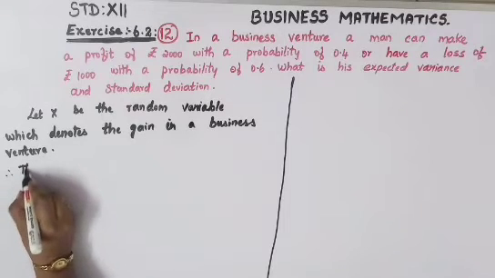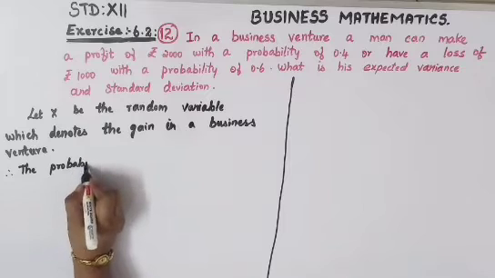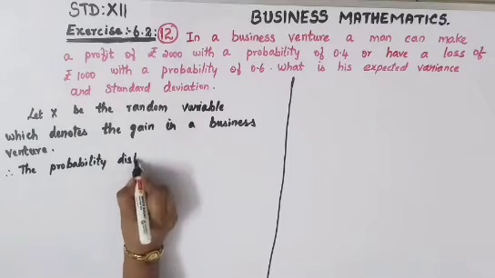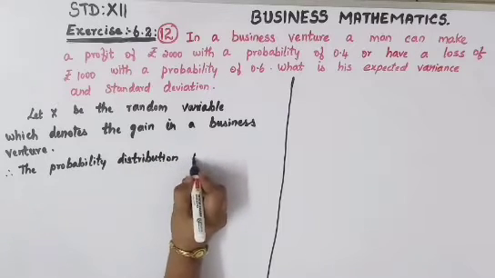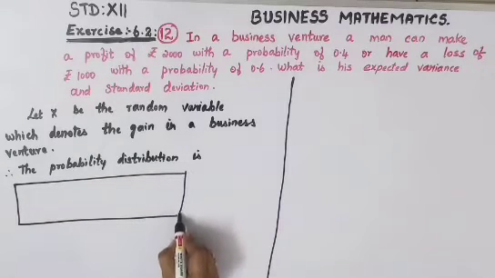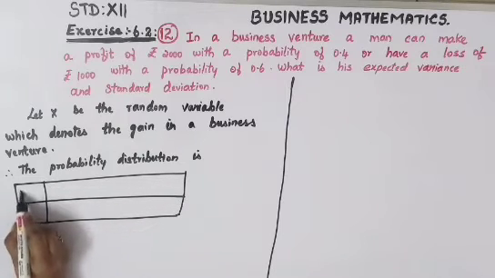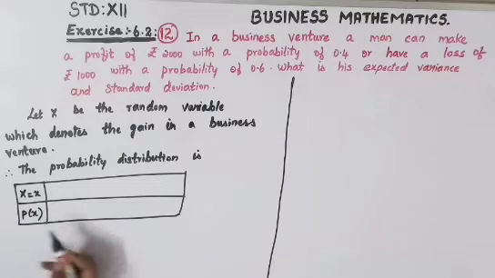Therefore, the probability distribution is, just put it in a table: capital X is equal to small x, and P of x.